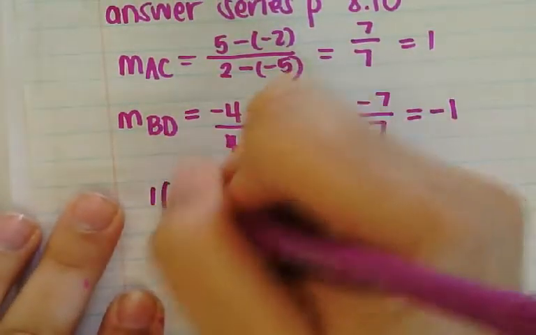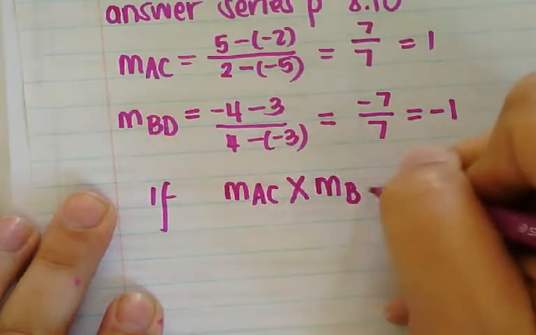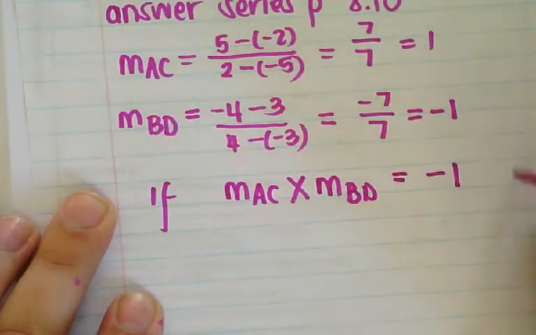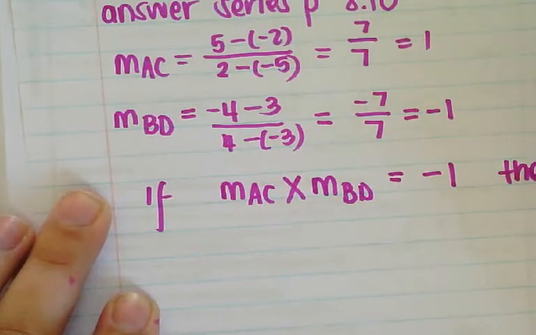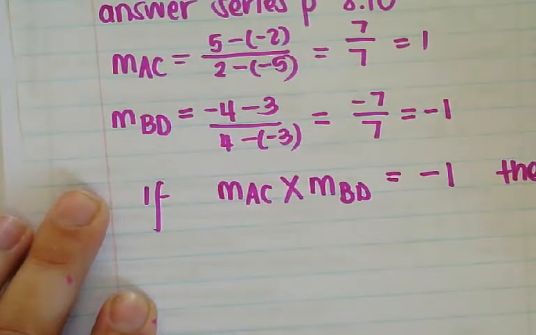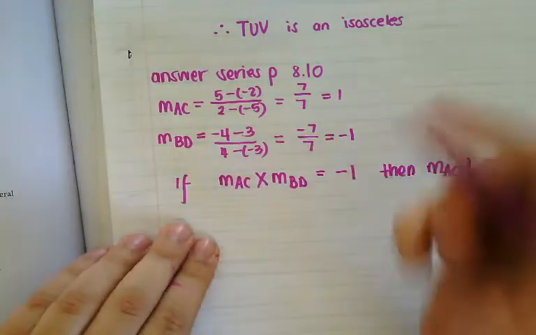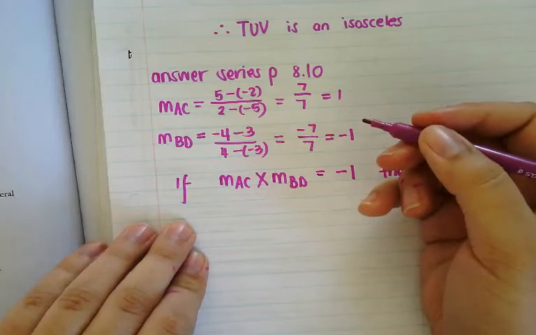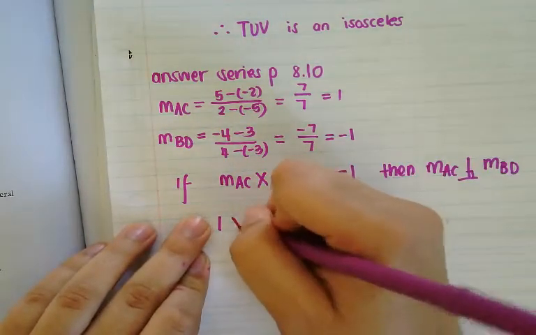So if M_AC times M_BD equals negative 1, then AC is perpendicular to BD. So let's actually go and calculate. What was my gradient of AC? What is my gradient of BD?